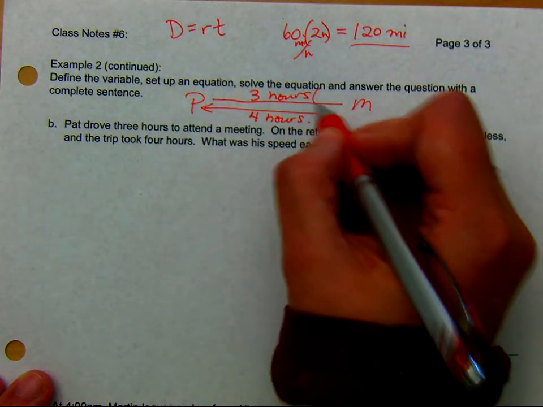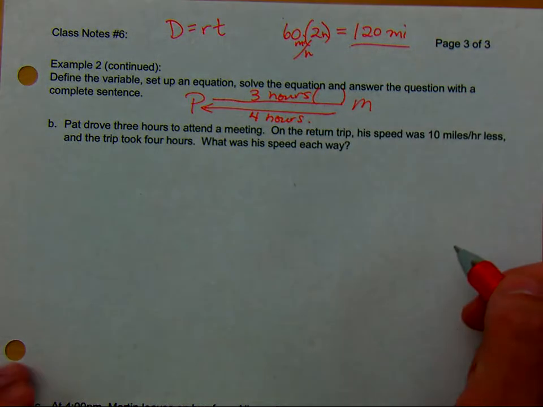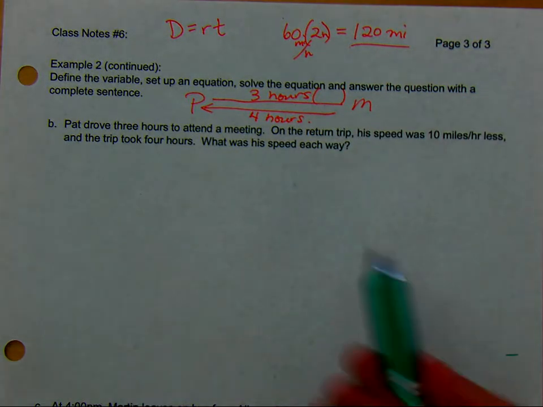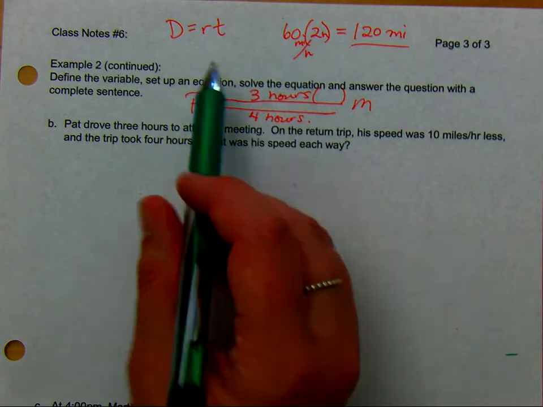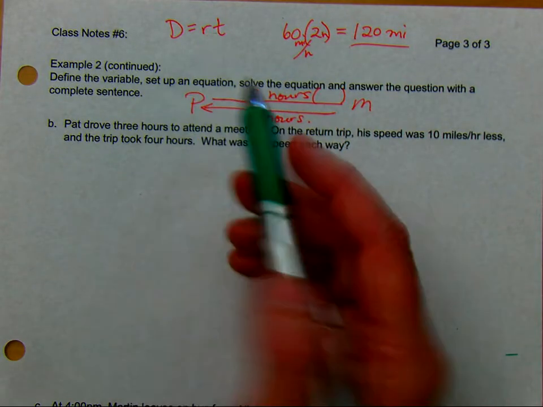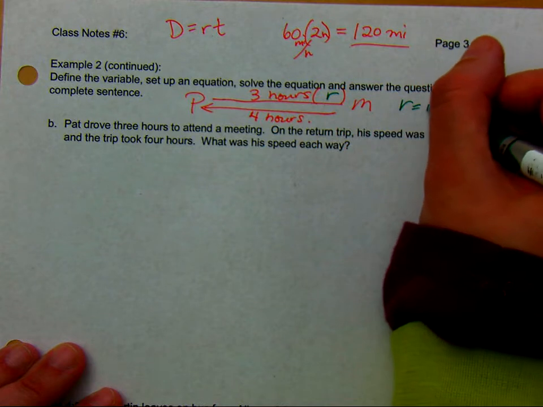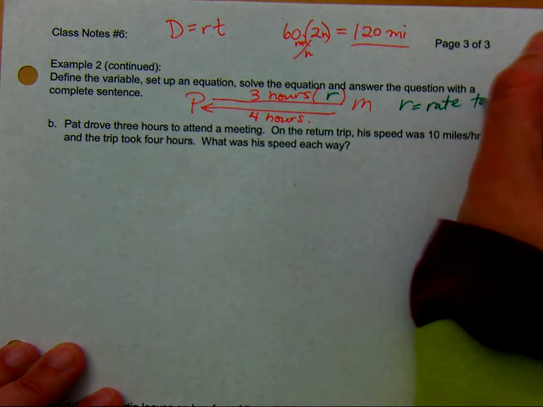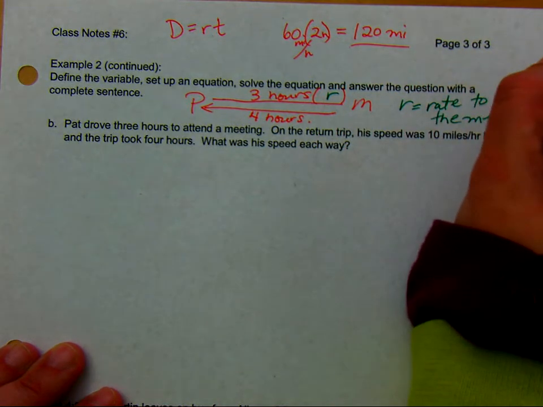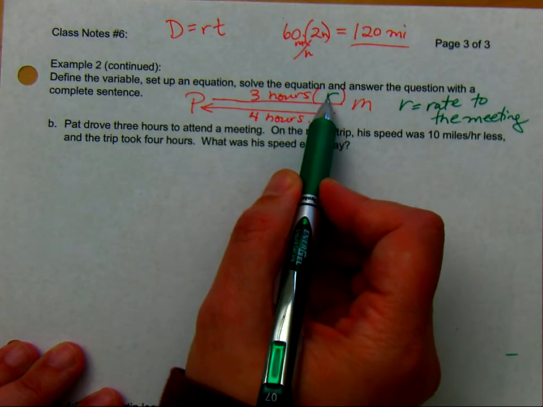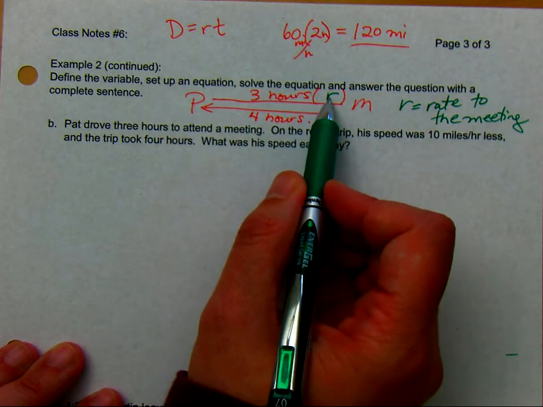Now, I don't know how fast Pat drove, so I might use a variable because I do know the time, right? But I don't know the rate. So we could say R is the rate to the meeting. If I go 3 times the rate, won't I find the distance?